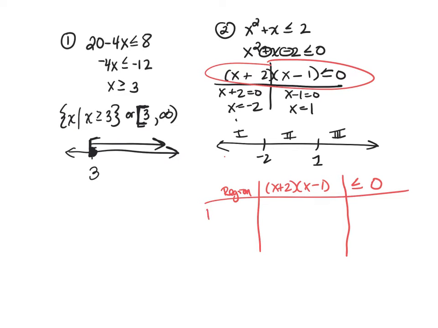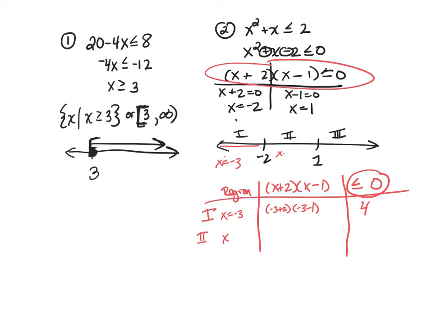And so in region 1, a possible value that is less than negative 2 would be negative 3. So when I put negative 3 in here, I get negative 1 times negative 4, so it's a positive 4. Now you ask yourself, is this answer less than or equal to 0? It's not, so region 1 will not be one of my solutions.